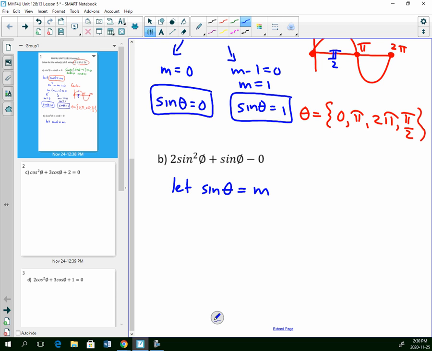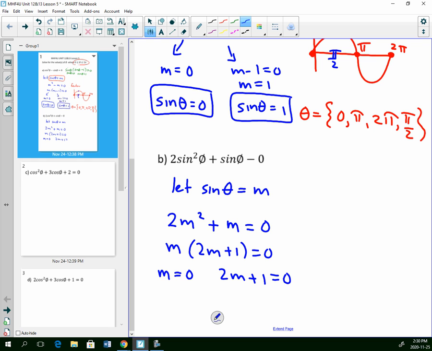So 2 sine squared theta would become 2m squared, and sine theta is just m. There is a common factor of m, so we'll take that out and then set each factor to 0. So m equals 0 and 2m plus 1 equals 0. Solving for m, we get -1/2.